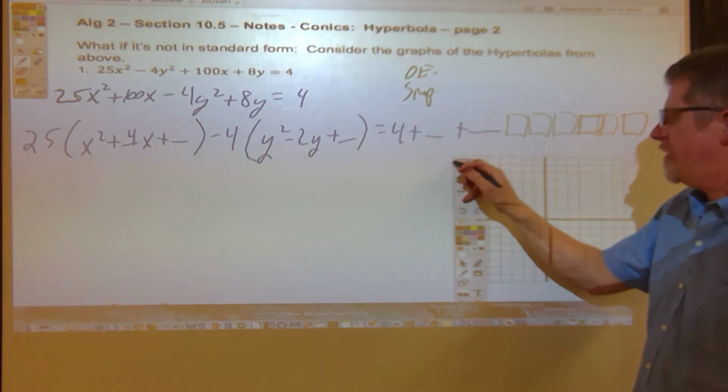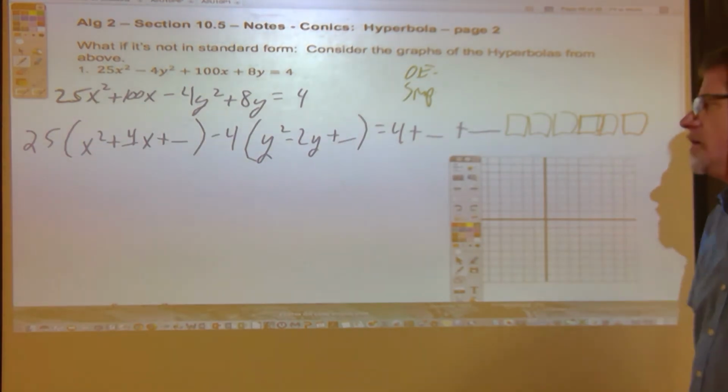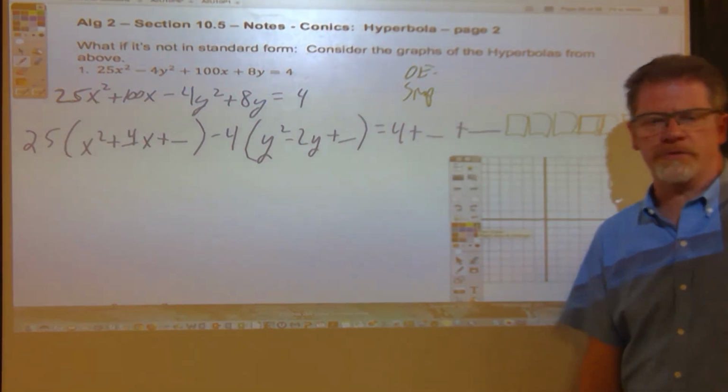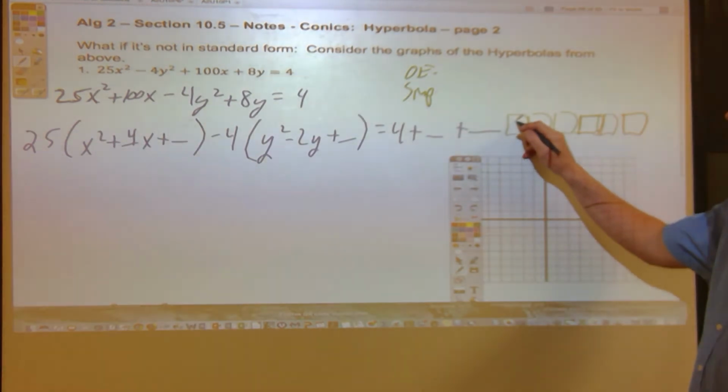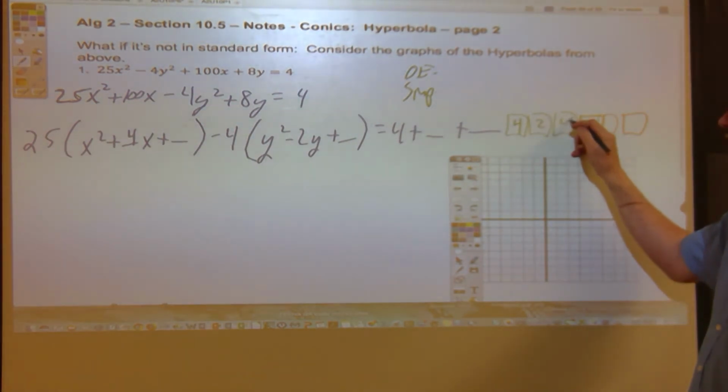What's the triplet of numbers that populate the green boxes? Help me out with that one, please, Gerald. 4, 2, 4. Thank you.